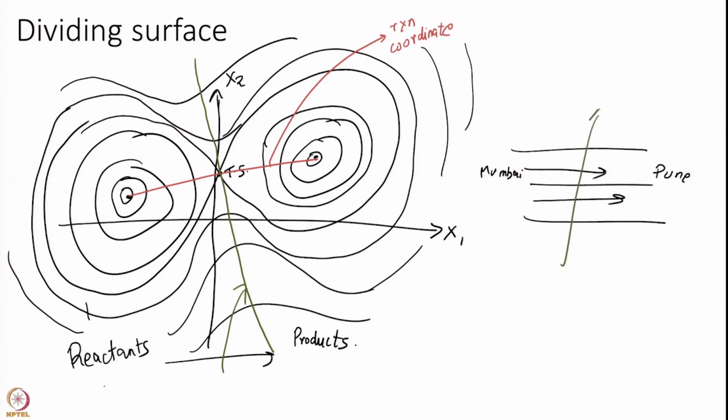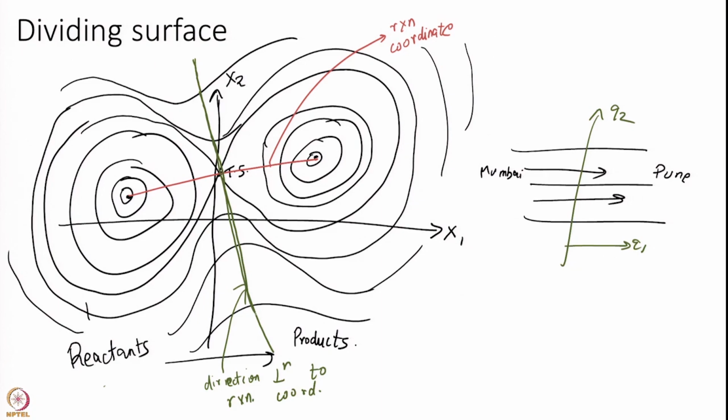So, this was Q2 and this was Q1. This is my direction perpendicular to reaction coordinate. So, what I want to do is to do an integral over this green line effectively.